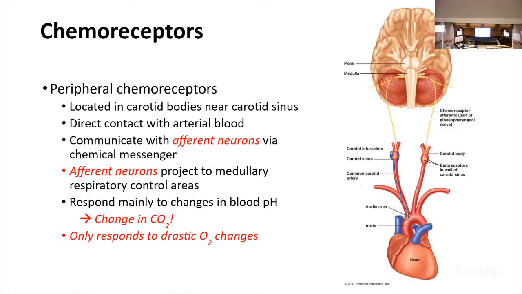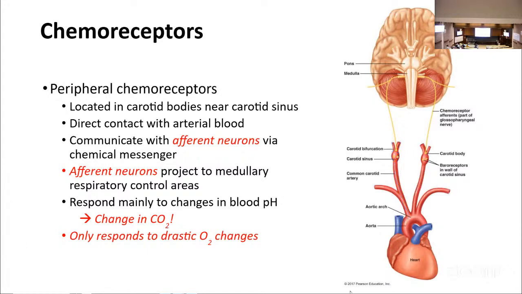Your carotid bodies are going to be here. We also had baroreceptors here in the carotid sinus. So we mentioned before that this is also a place for sensing the pressure of the arteries. Okay. So here's the bifurcation of the carotid as we go into internal and external, up the neck and up to the brain. Okay. So that's where you would find them.